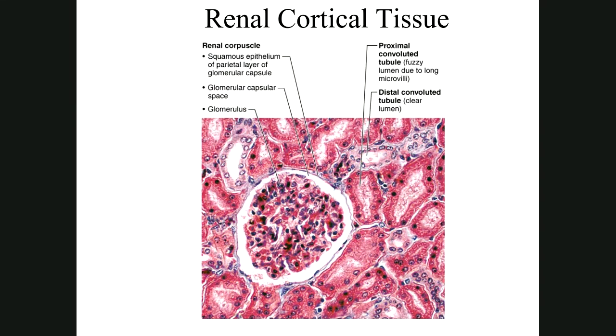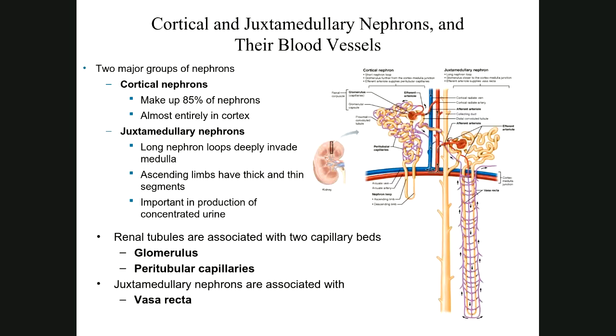There are two major groups of the nephron, which is the structural and functional unit of the kidney. We have the cortical nephron, which makes up 85% of all the nephrons of the kidney, almost entirely in the cortex.